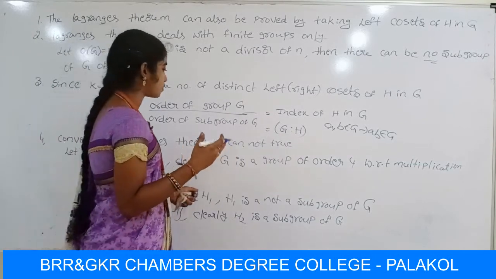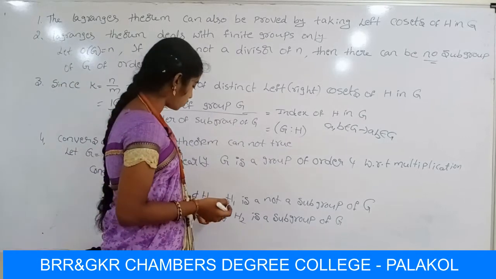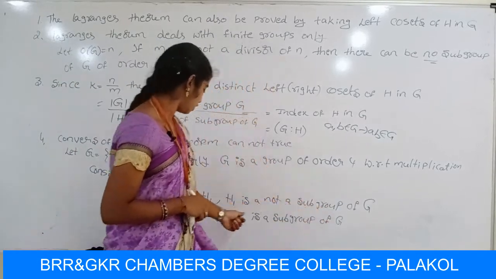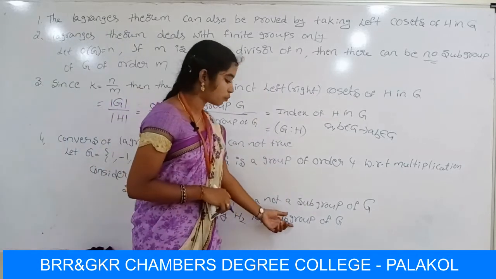Since 2 is a divisor of 4, yet H1 is not a subgroup of G, while H2 is a subgroup of G.